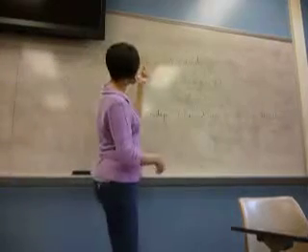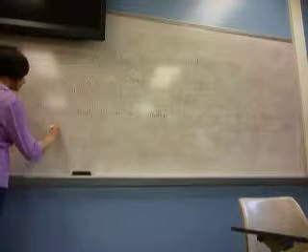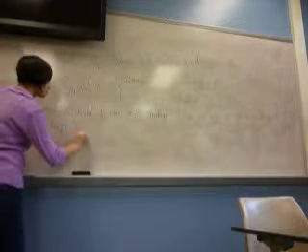Same thing here. If I have a function of two random variables, you can't find the density function of Z directly; you first find the distribution function, and then differentiate to get the density function.